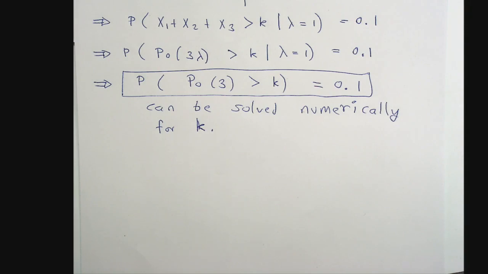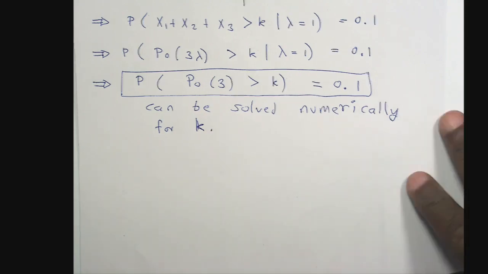So in other words, to solve this equation, you need to use a computer software or computer package, or there are certain books that contain tables for the Poisson distribution, not the table that you will get in the exam, but there are books I have seen in the past that contain tables for the Poisson distribution. You can use those tables to solve this kind of equation, right?